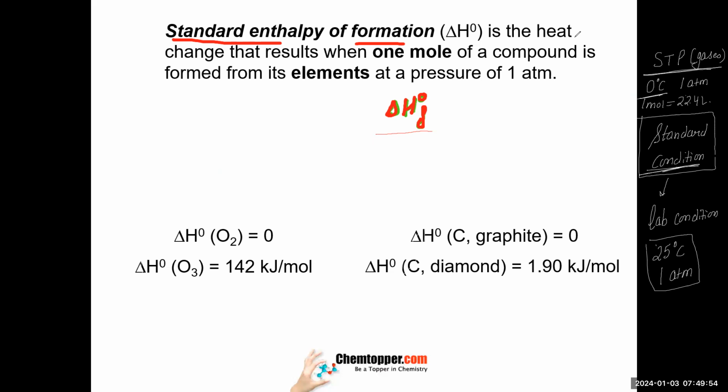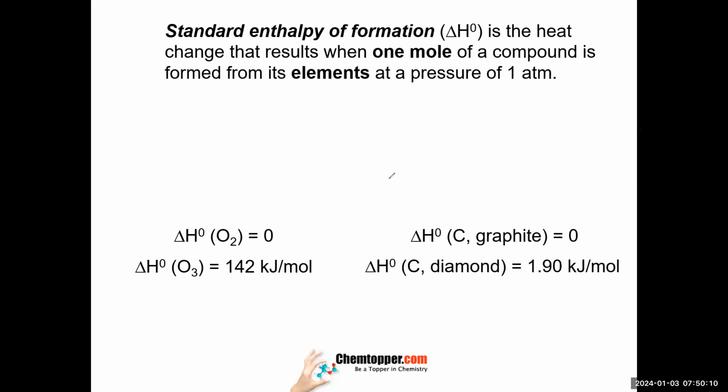Now read the definition. Read the definition very carefully because I will ask you to write down the reactions for the formation of the compounds. All eyes on the definition.